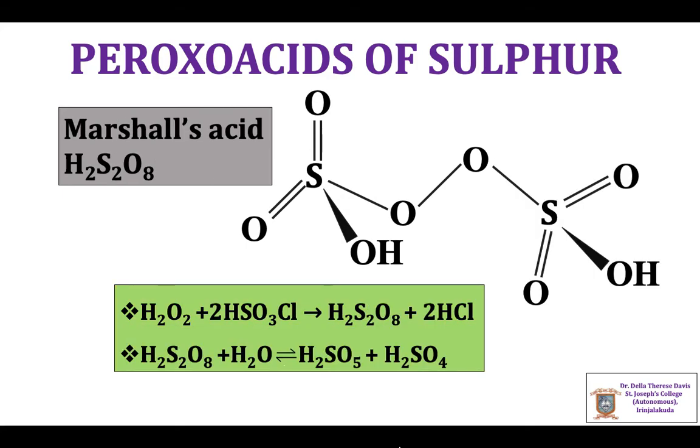Next is peroxodisulfuric acid or Marshall's acid, H2S2O8. It is prepared when H2O2 reacts with two molecules of HSO3Cl, and H2S2O8 in aqueous solution exists as an equilibrium of sulfuric acid and Caro's acid.